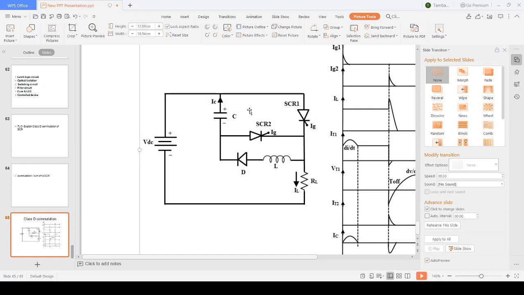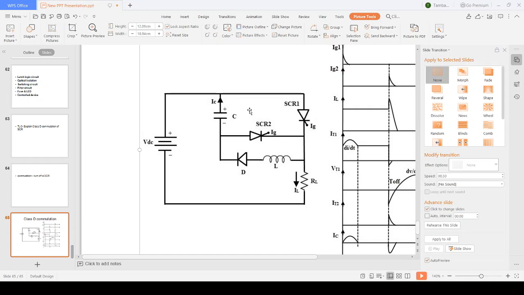When the voltage on the capacitor reverses its polarity completely, the discharge current IC goes to 0 at the next instant. Consider it as instant t1.